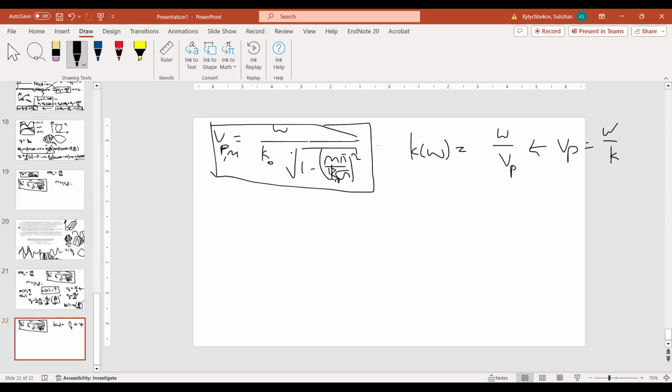V phase itself is this, so k as a function of omega is equal to omega divided by V phase, which is again omega divided by K0 times the square root of 1 minus omega p over omega, squared.